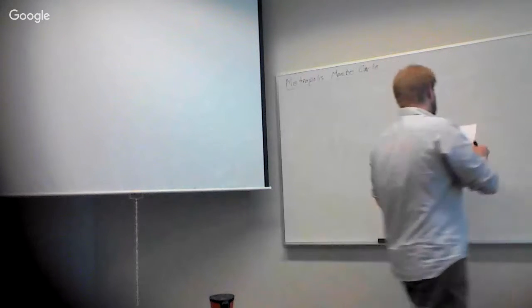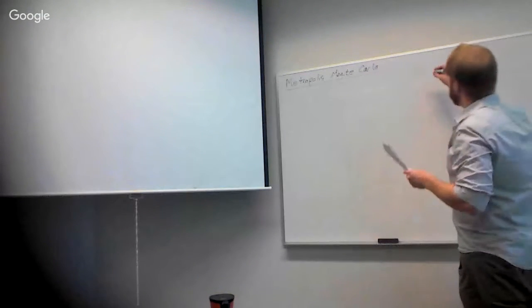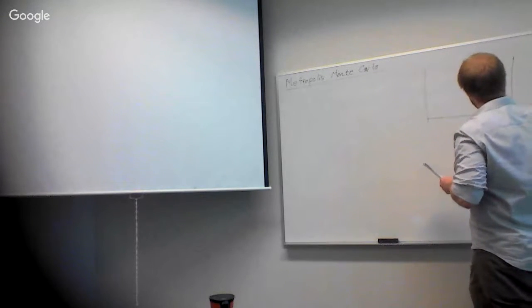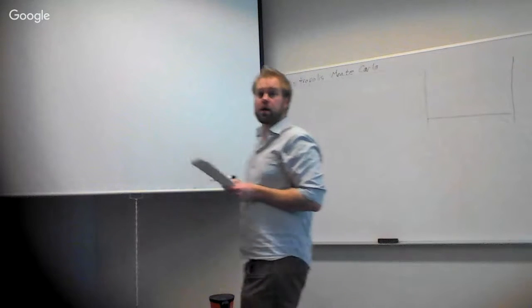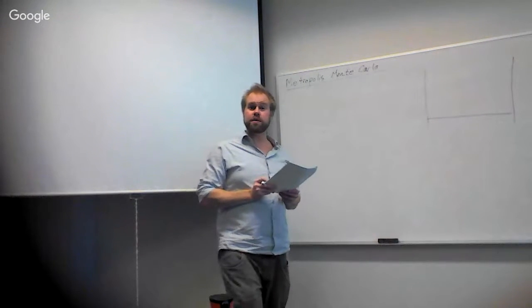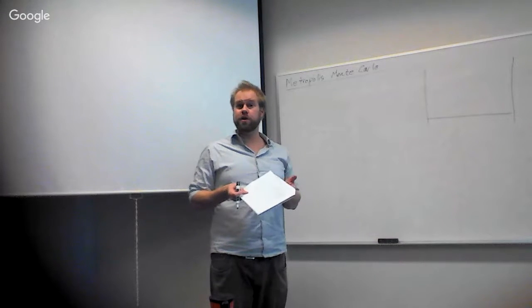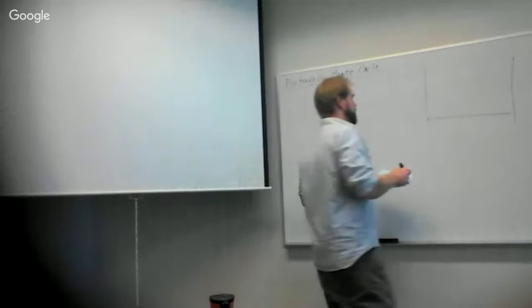So let's say we have some system. Okay? And what do we know about that system? We know the energy of the system as a function of the particle configurations. Cool? So we know some energy of the system.